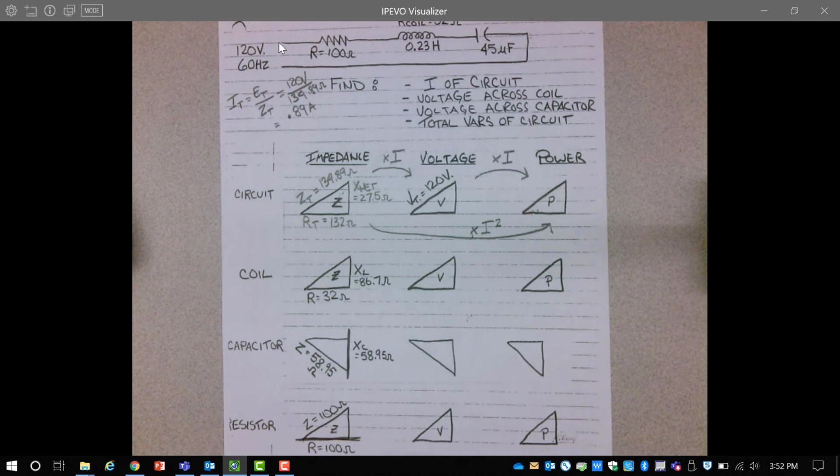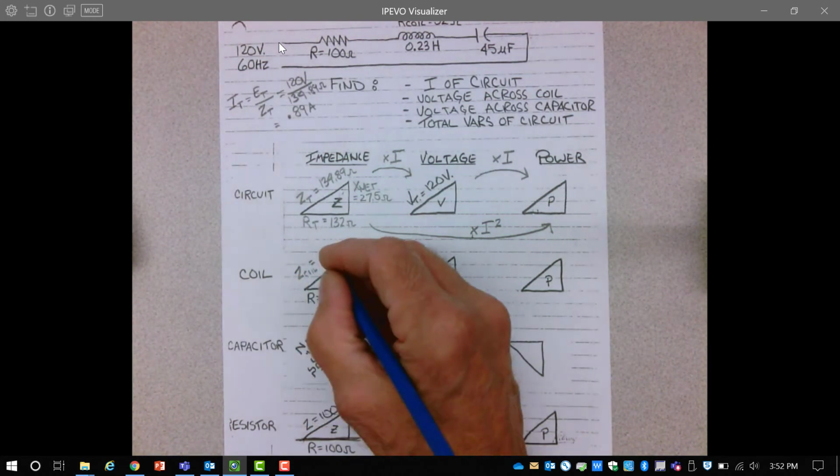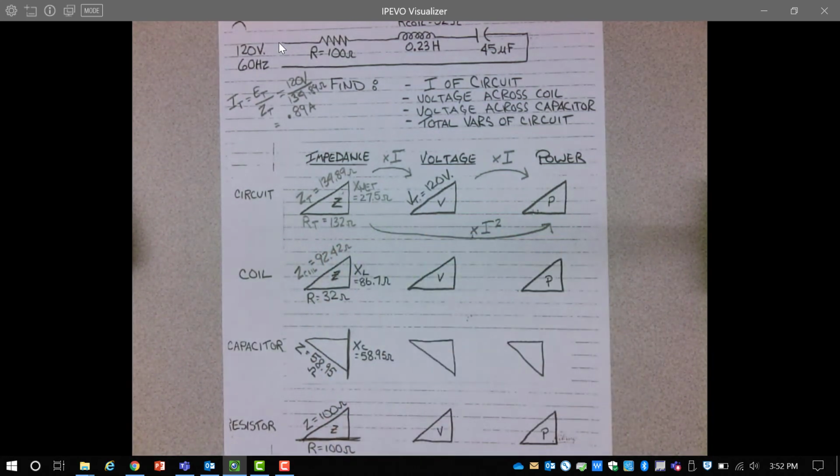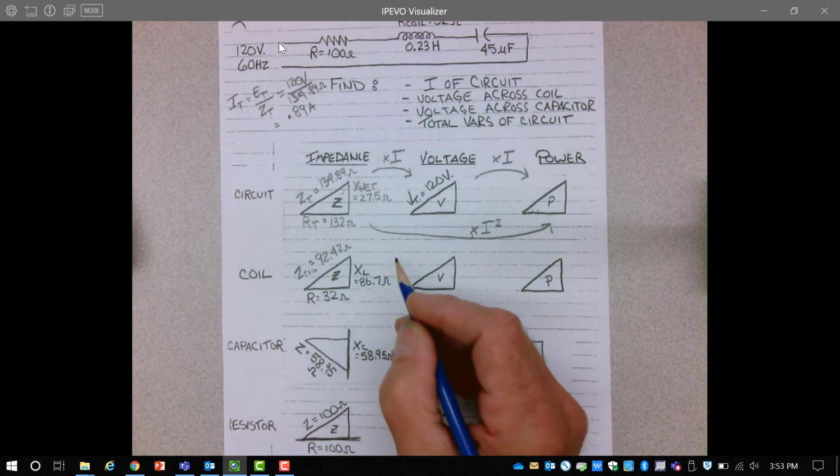Okay, so to find the voltage across the coil, I just need to find the impedance of the coil using Pythagoras' theorem. Z of the coil is 92.42 ohms. Once I have the Z of the coil, all I have to do is multiply by the current.